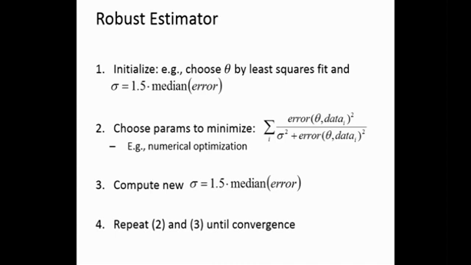Question: Is it similar to regularization in machine learning, with like a sigmoid activation function? The question is whether this is similar to regularization. Actually, I would say it's a bit different. The main difference is that in regularization, you're saying that you have some prior on your parameters.